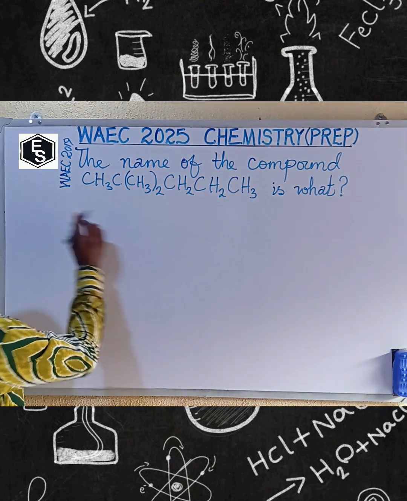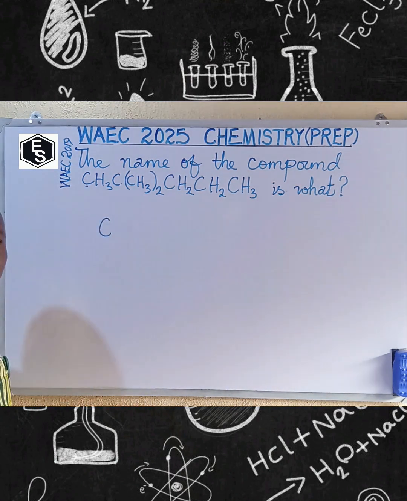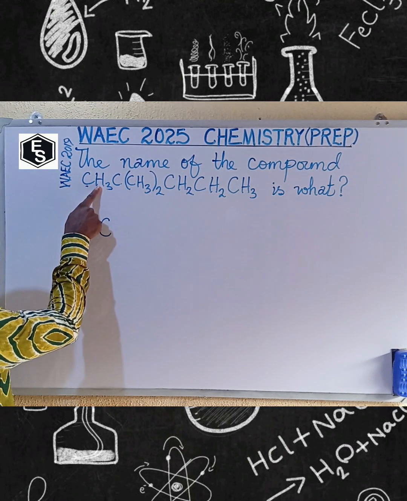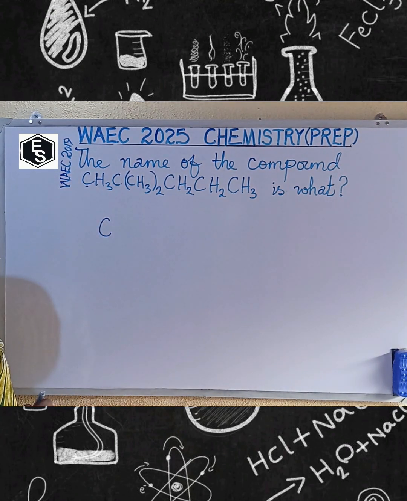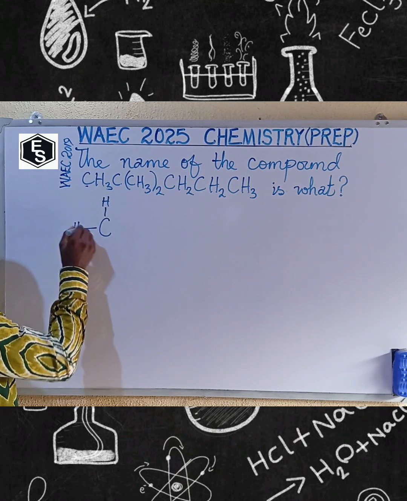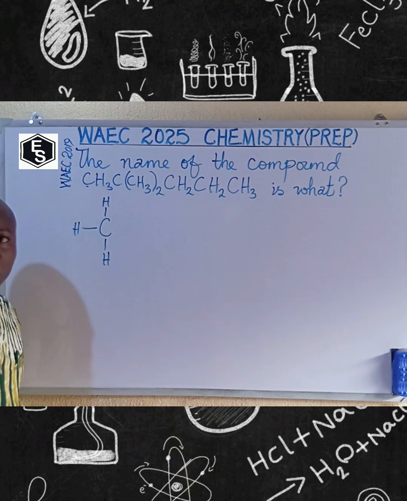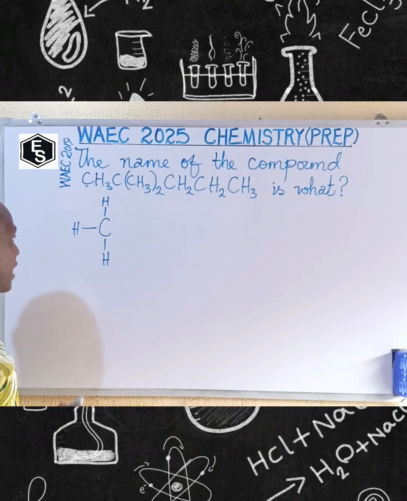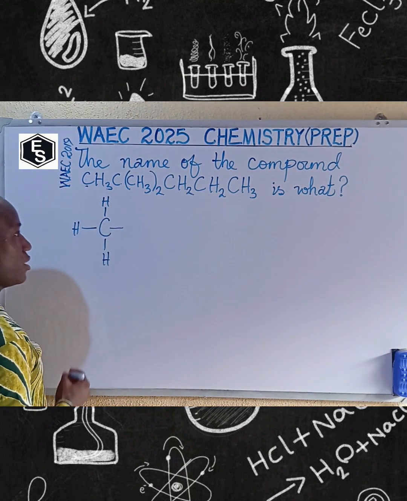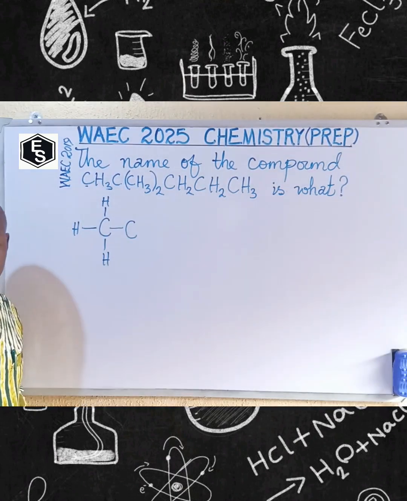Now let's begin. The first carbon here, now I have written it. It's attached to 3 hydrogen atoms. So we have 1, 2, and 3. Recall that each carbon atom must be tetravalent, and that is why we have another bond here, which is now bonded to the next carbon atom that I have written.